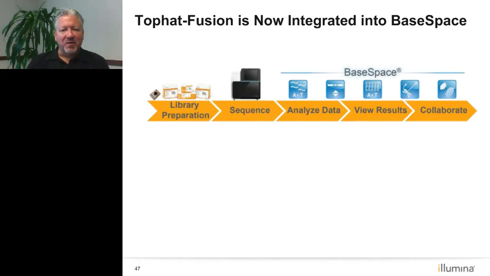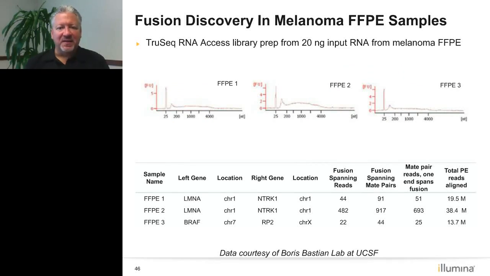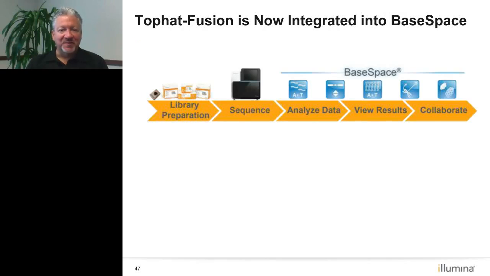And so I will remind you that our exome capture probe set is enormous. It targets over 21,000 genes. It has almost 500,000 probes in it. So there are very few exons that we miss that might be involved in a fusion, and as I said, we haven't found one yet. The other nice thing about this is that we are using just a standard TopHat Fusion algorithm.